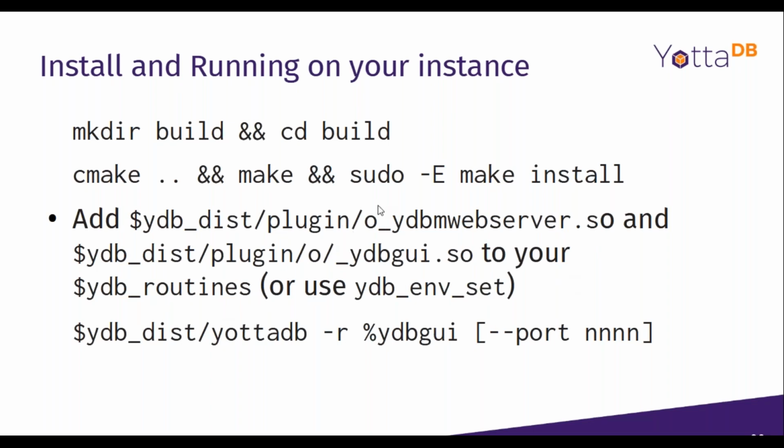And if you're using UTF-8, no, this is a VistA community, don't use UTF-8, never mind. And then you run it with --port and a number, and then you access it. And that's how you do it. As far as installation, pretty easy.